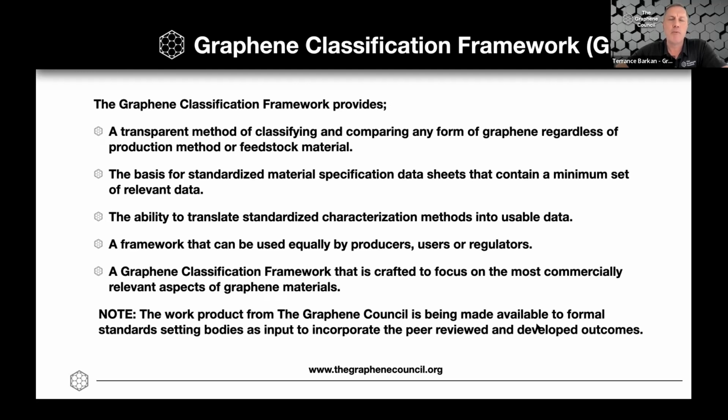And so we wanted to provide a standardized way and a minimum set of information for all, excuse me, advanced graphene producers to use. And we also want to understand how to take the different characterization values, what kind of aspects, layer count, lateral size, chemical composition, and how does that apply then to commercial application.